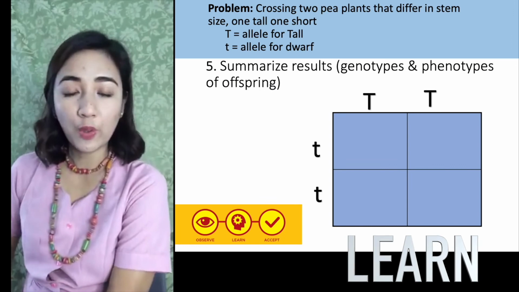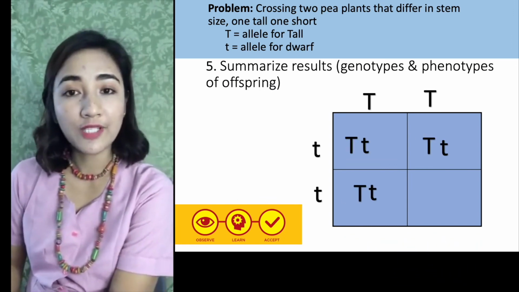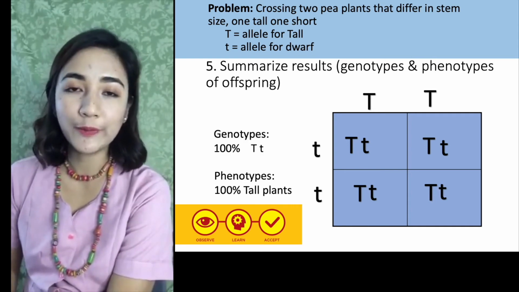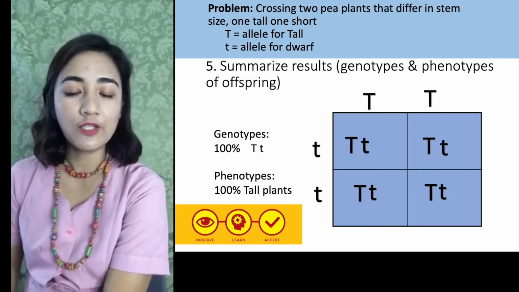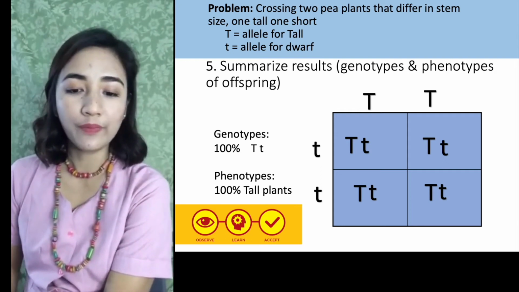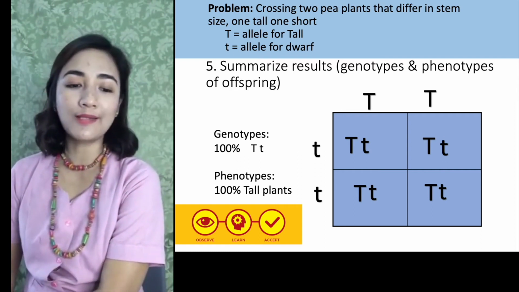Okay guys, so if we're going to cross homozygous tall versus homozygous short, in the first filial generation, they appear to be all tall. So as you could see in the Punnett Square, the genotype is 100% heterozygous tall. So the phenotype is 100% tall plants.